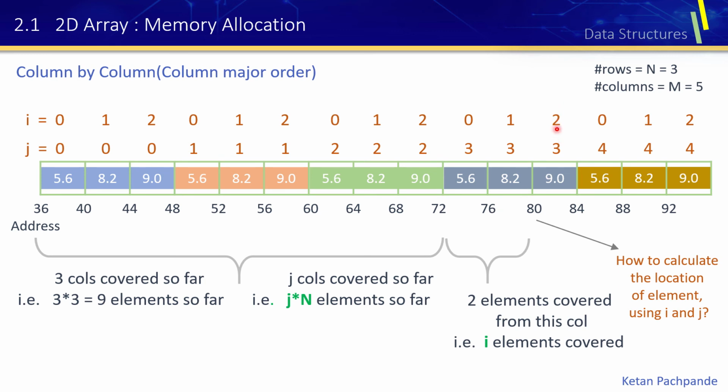You see, if i value is 2 here, it means before this element, 9.0, 2 elements are covered, that is 5.6 and 8.2. So i value indicates the number of elements covered in this column so far. So total, how many elements are covered so far? That is j into n plus i.